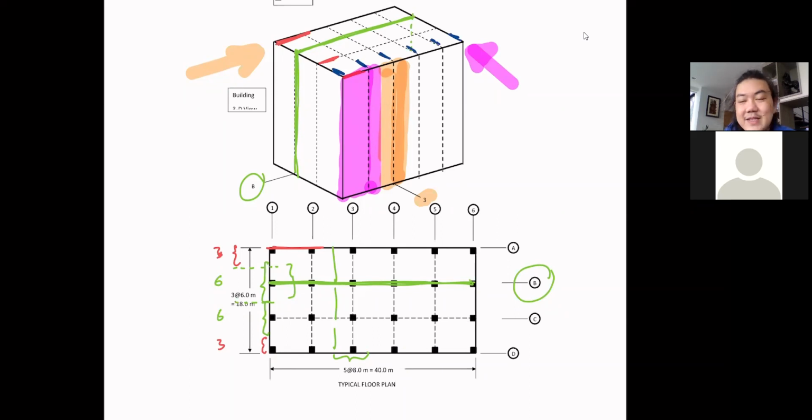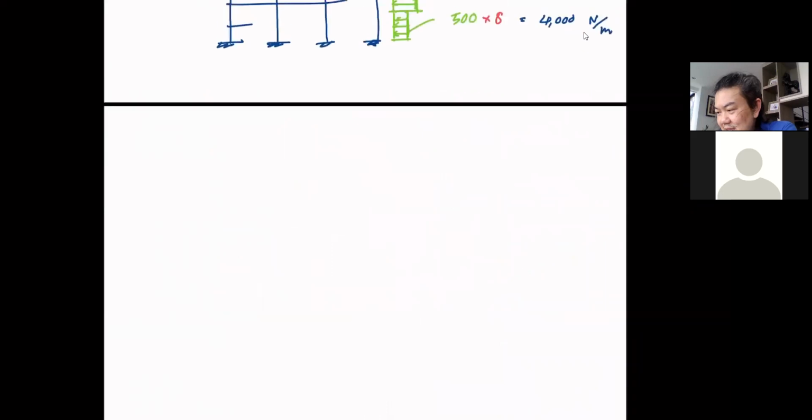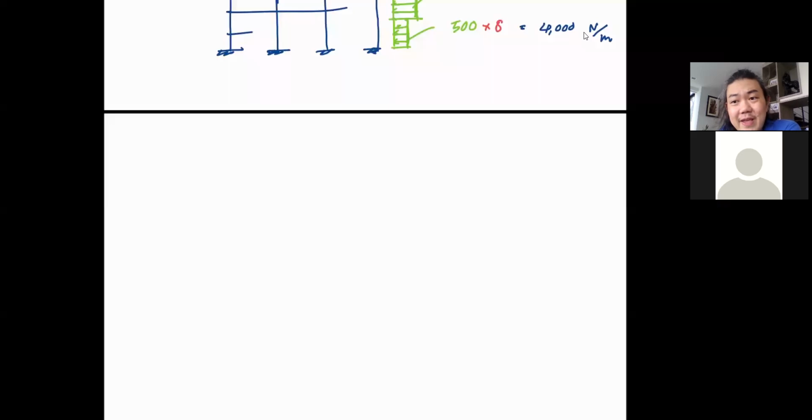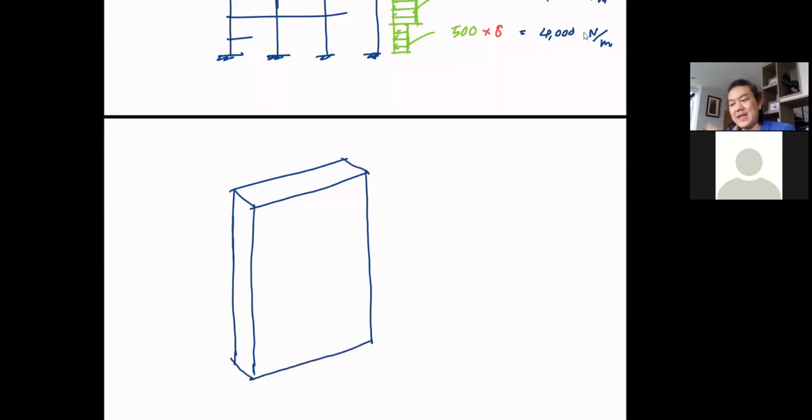Okay, and in some cases, I went to look at the lecture last year, and I talked about this building. In some cases, there's a building that is very, very thin in one direction. Let's say this is very thin, but long. Because sometimes the shape of your building will depend on the land requirement. So you could buy a piece of land that looks like this, and you're going to have to build a building that looks like this.